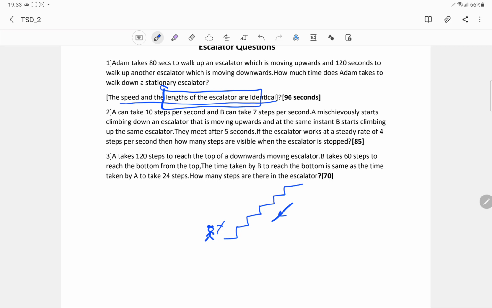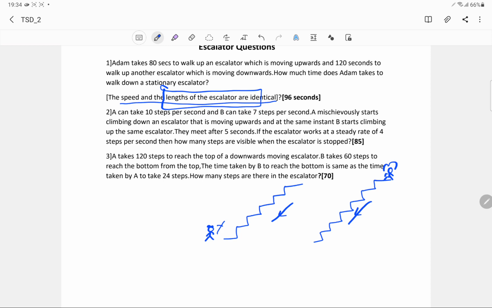B takes 60 steps to reach the bottom from the top. Okay, so in the similar situation, B is moving in the downward direction, and it took him just 60 steps to reach the bottom from the top.